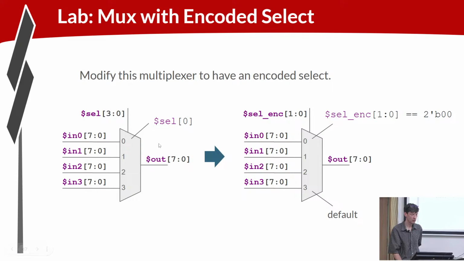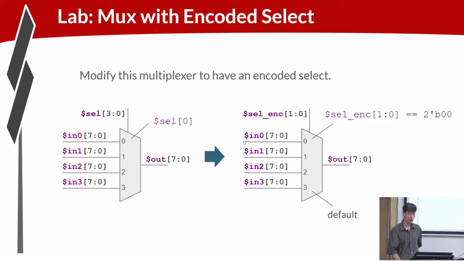So starting from what you have, let's transition this from being what would be referred to as a one-hot select, where you've got an independent bit for every case, to an encoded select, where the select, surprisingly, is encoded. So we've got 4 different cases here. We need 2 bits to express the 4 different cases.